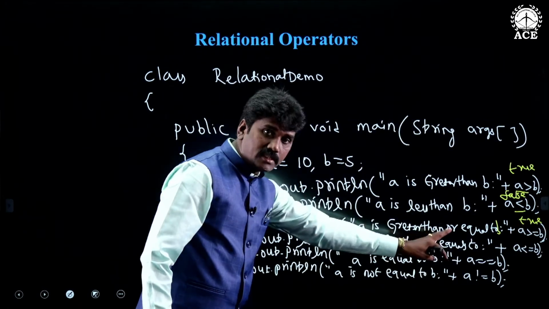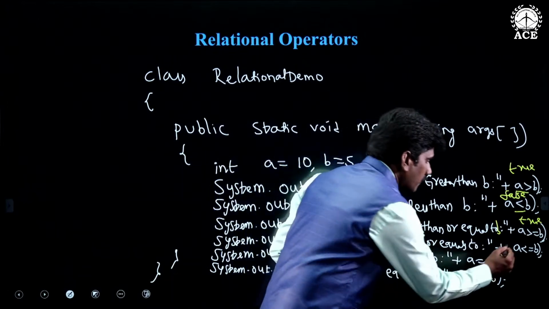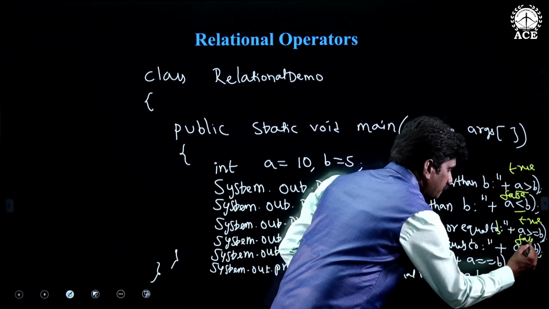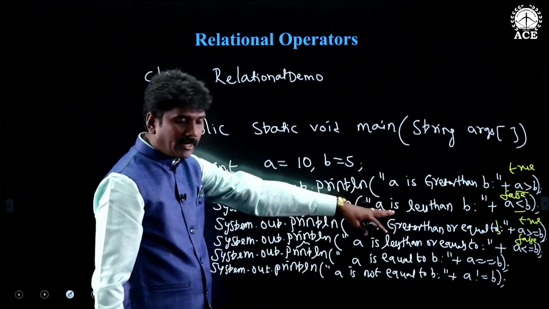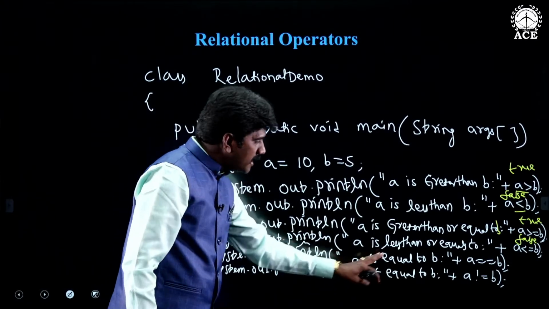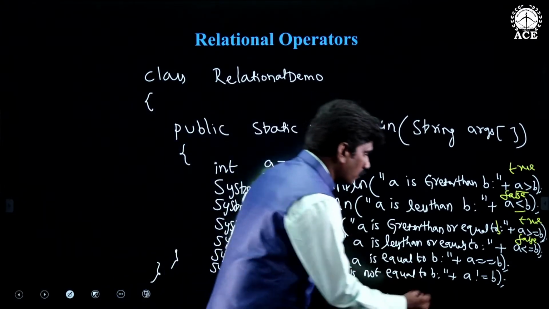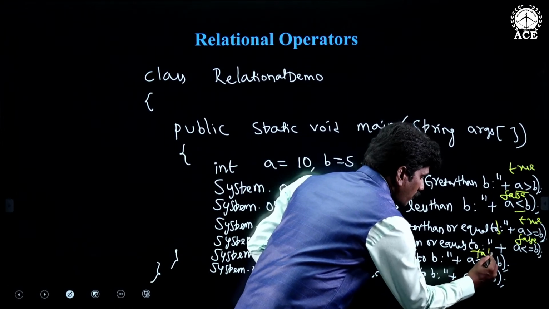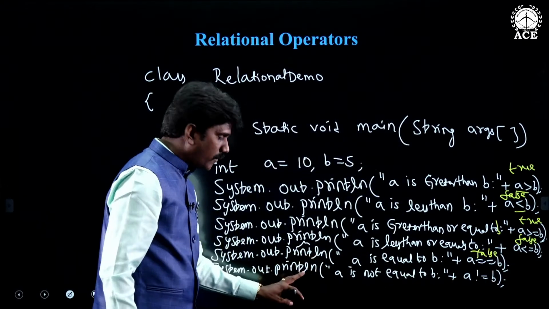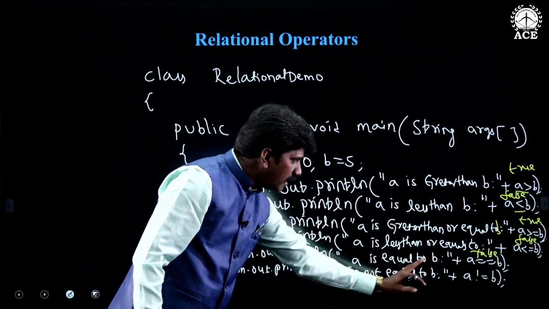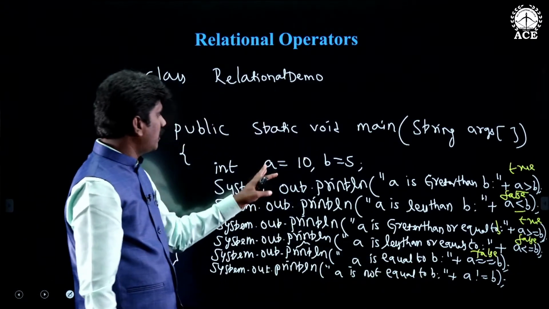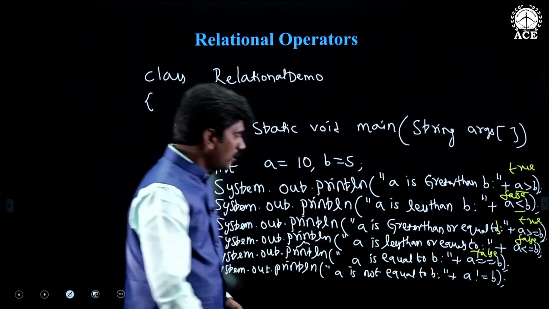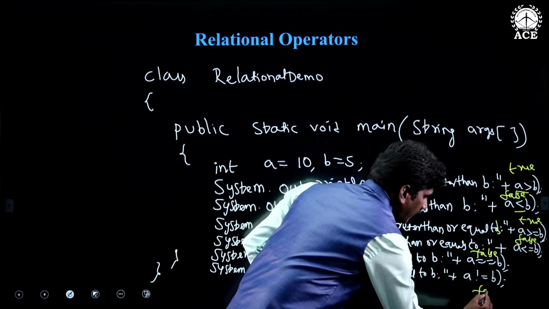Similarly, a is less than or equal to b. No, the condition is false, and false will be printed. Next one, a is equal to b. No, here the condition is false. Next one, a is not equal to b. Yes, 10 is not equal to 5, so here it is going to print true.